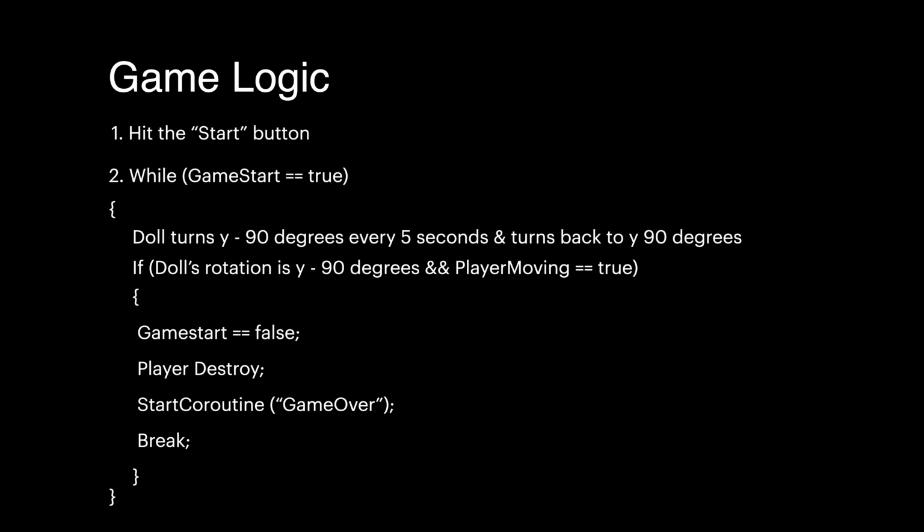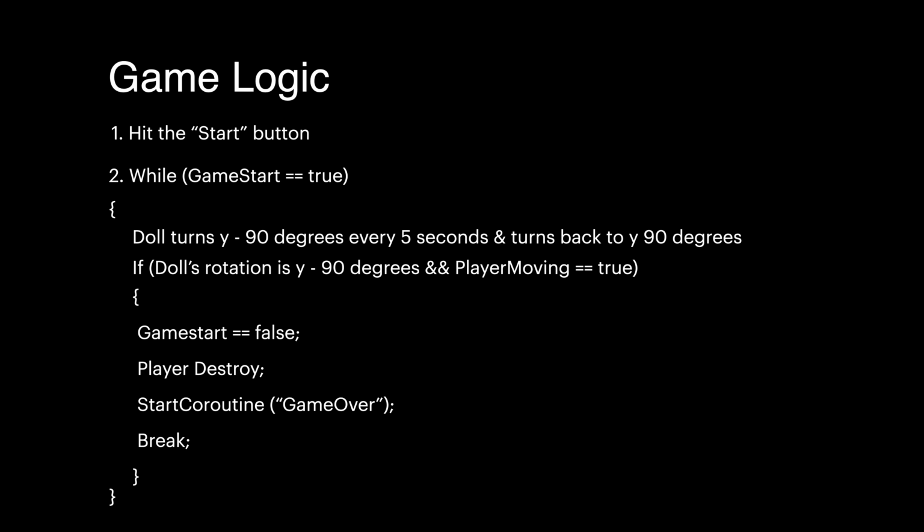But if the doll's rotation is looking back, which is minus 90 degrees, and while the doll looks back the player is moving, then you lose the game. So the game start will be false, so you can get out of the loop, right?